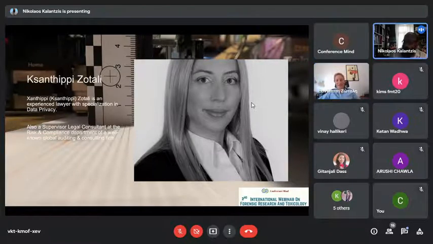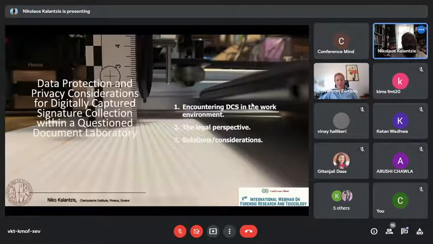So we will be discussing the intricacies and the implications of using and accessing digitally captured signatures within a forensic environment from a data protection and a legal perspective, because inevitably that comes into play.